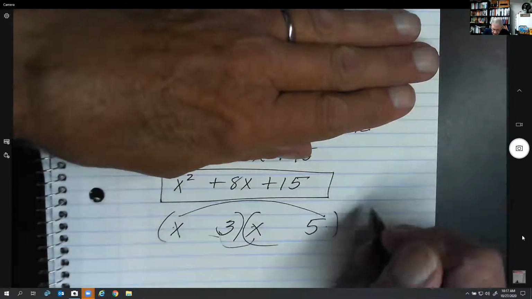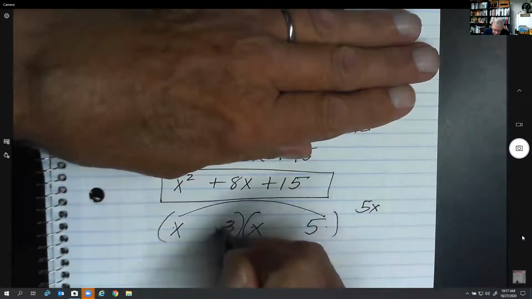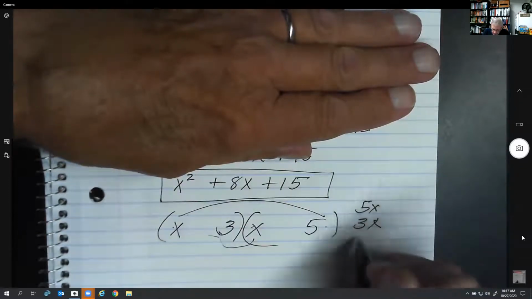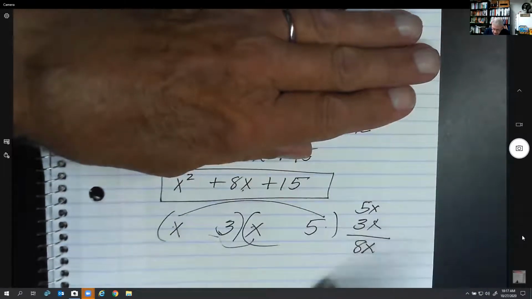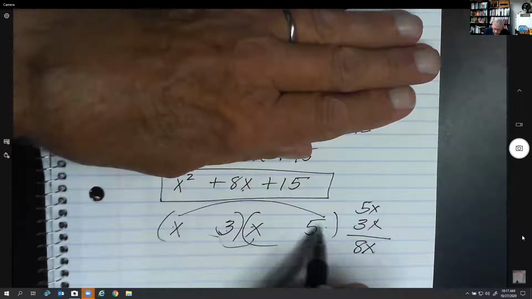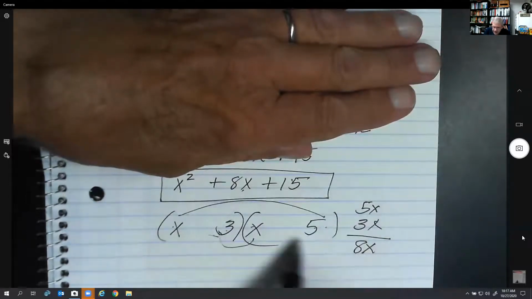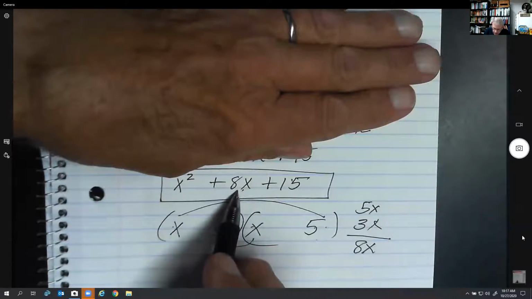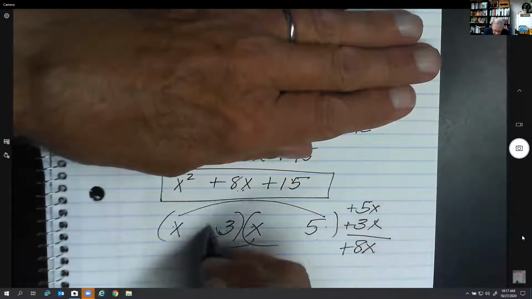If I wrote this outside right here and the inside right here, they would have to equal the middle term, 8x. So these last two numbers multiply to give me the last term, but they add up to give me the middle term. And they would both have to be positive to give me a positive 8.